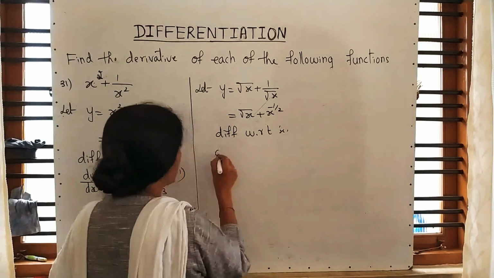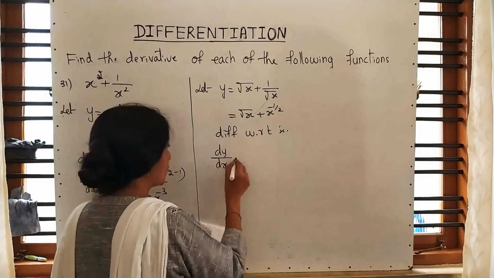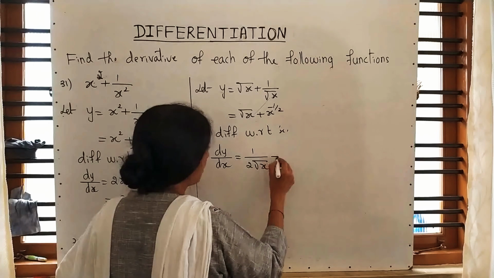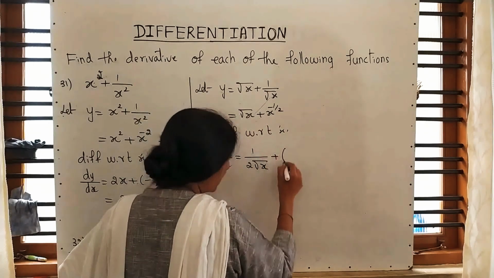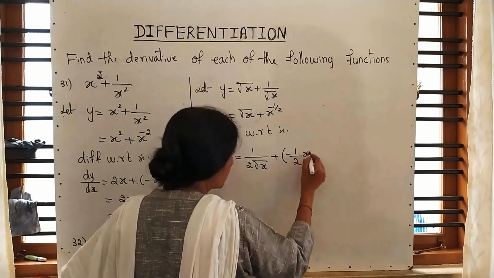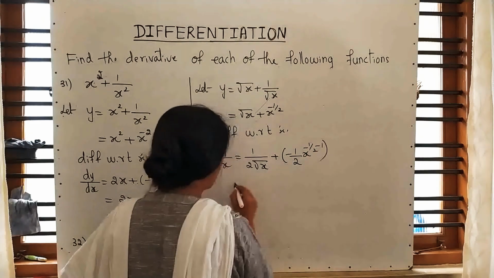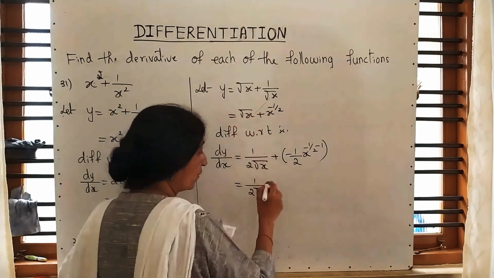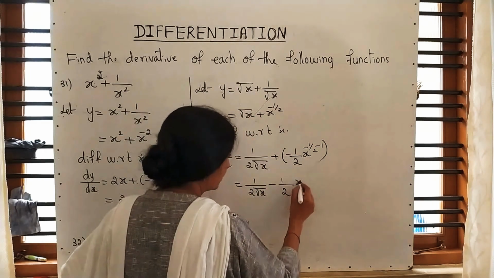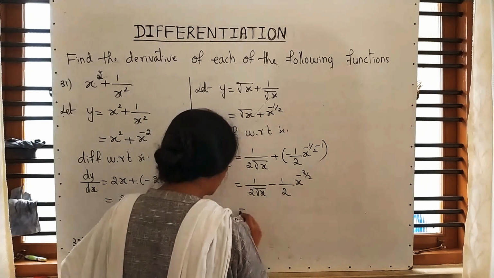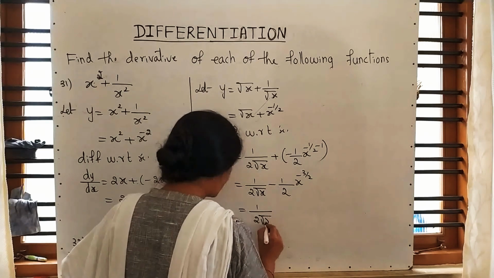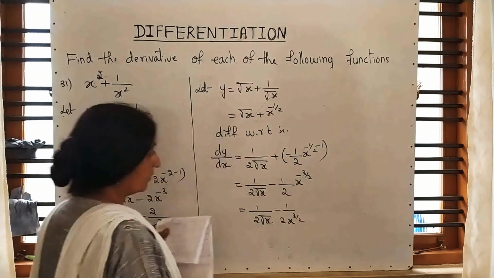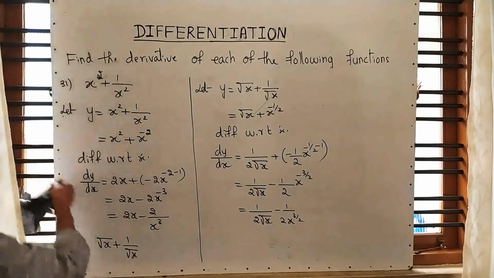Differentiating with respect to x, what is the differentiation of root x? 1 by 2 root x. This is 6, plus, and in the bracket I wrote minus 1 by 2 x to the power minus 1 by 2 minus 1. This is 1 by 2 root x. This I wrote directly from that formula list. Yes, the following. Next question.